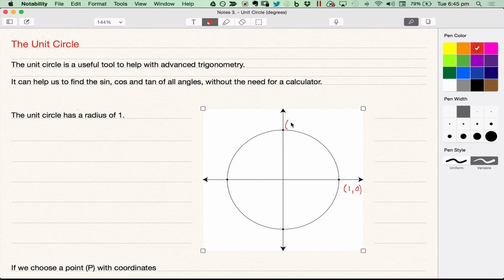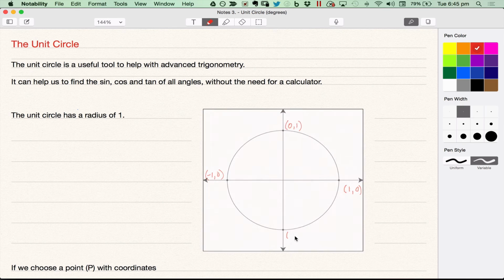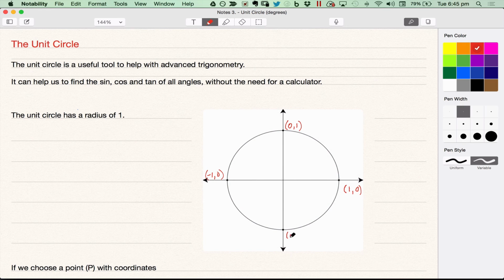This one would be 0, 1. Negative 1, 0, and 0, negative 1.